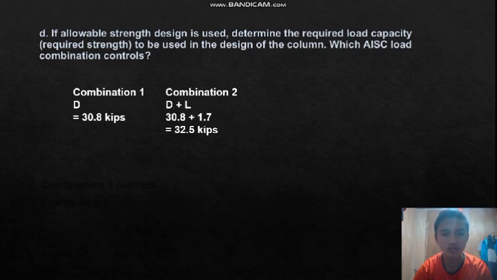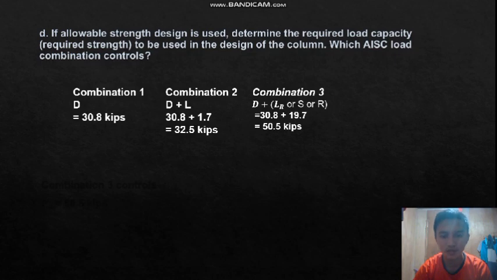Combination 2, D plus L equals 30.8 plus 1.7 equals 32.5 kips. For combination 3, which is D plus LR or S or R, is equal to 30.8 plus 19.7 for the snow load because this is the highest value, so equals 50.5 kips.